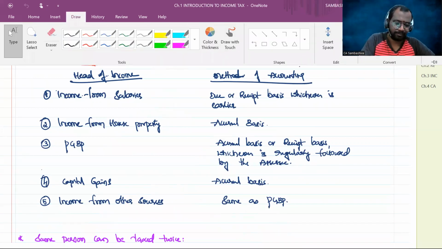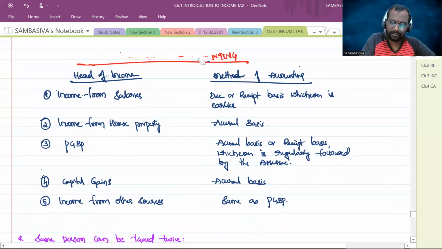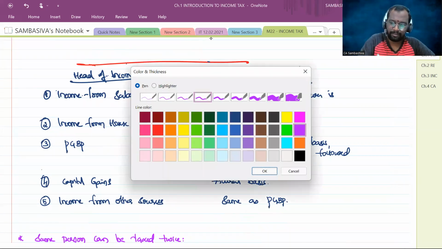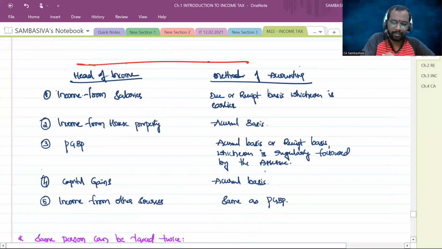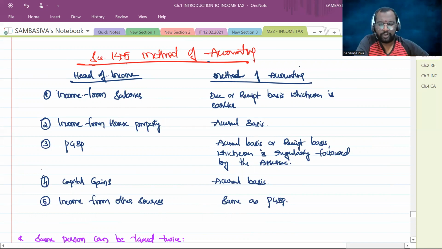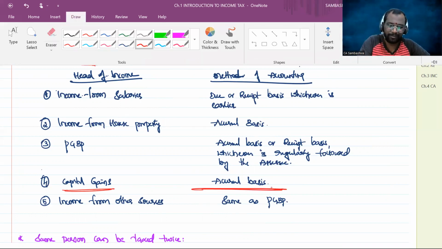Right, sir? So you can see all the 5 heads of incomes and where you can observe capital gains, the method of accounting applicable is accrual basis of accounting.